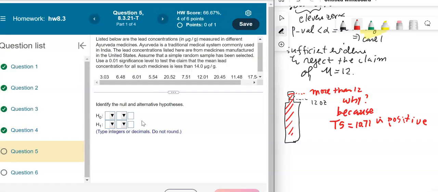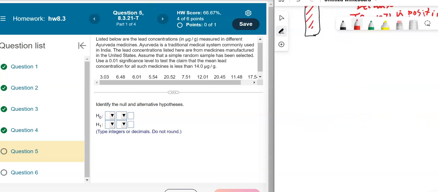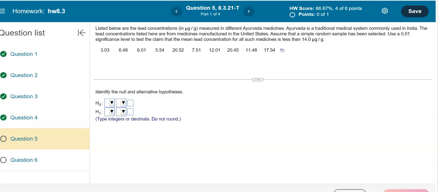Okay, so let's go to the next one, 5. So question number 5. This time, let's look at lead concentration measured in different Ayurveda medicine.